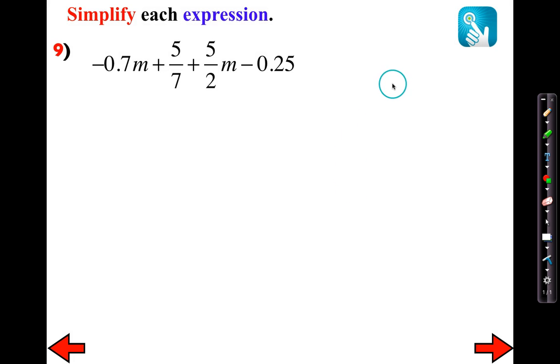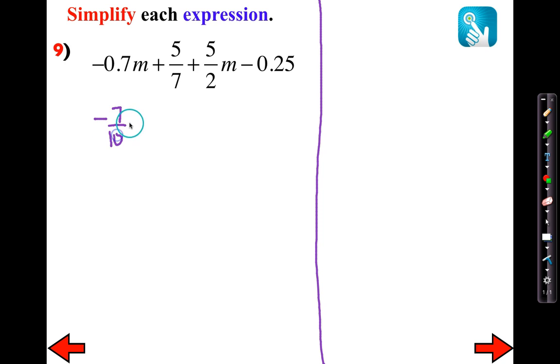Okay, so for number 9, if you follow my instructions, you're going to remember that it's going to be best to convert decimals to fractions and just simply work with fractions. So here, this I would read as -7/10. So I'm going to go ahead and rewrite that as -7/10 m plus 5/7 plus 5/2 m minus here.